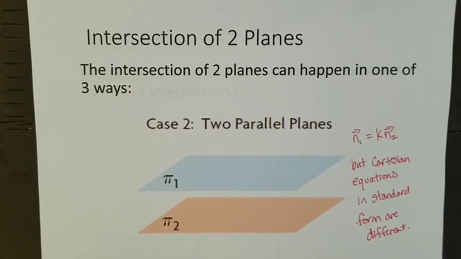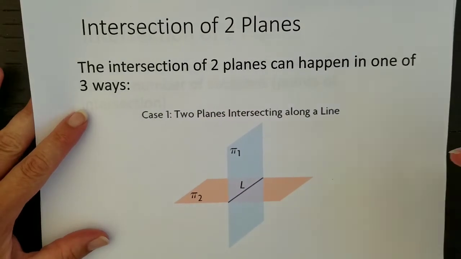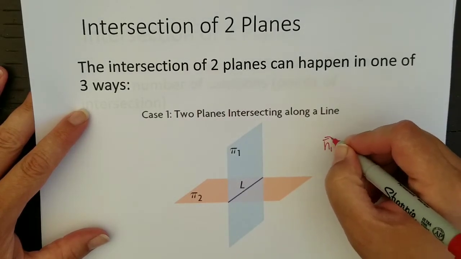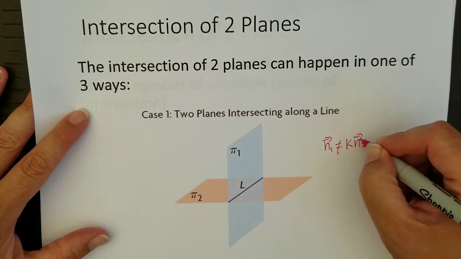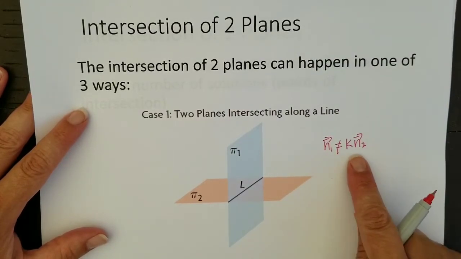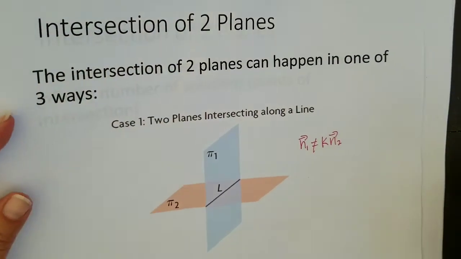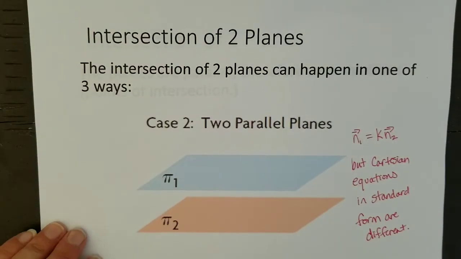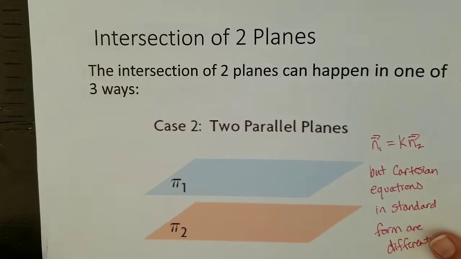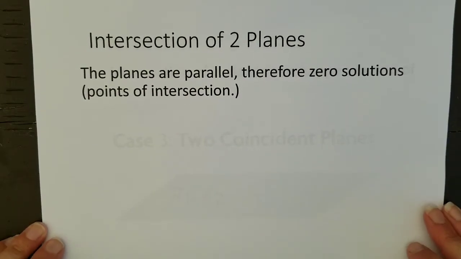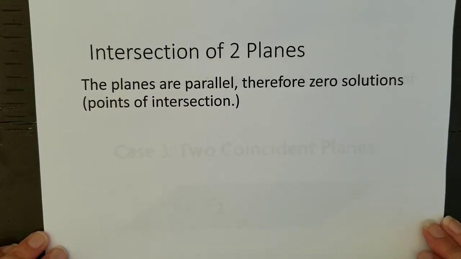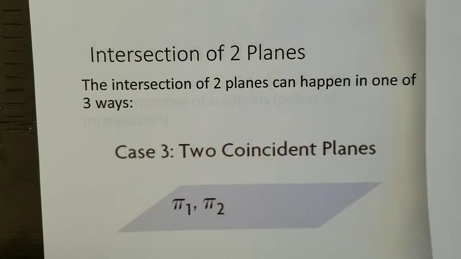And the way we would identify the converse of that, if we were looking at case one, the normals would not be scalar multiples of each other. Those two normal vectors are not going to be parallel. So again, in case two, we've got no solutions because our planes are parallel. There are no points of intersection.